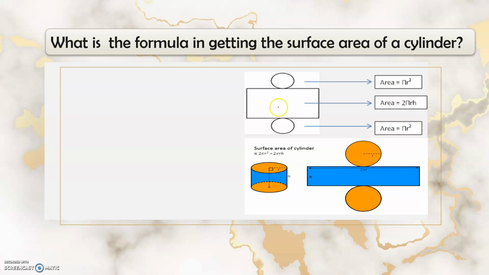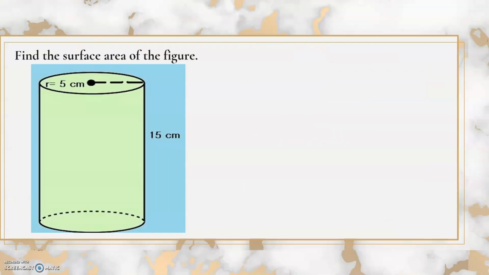Then for the rectangle here, we'll have 2 pi r, which is the length of this rectangle and also the circumference of the circle, times its height. So the surface area of a cylinder is computed using the formula 2 pi r squared plus 2 pi r h.